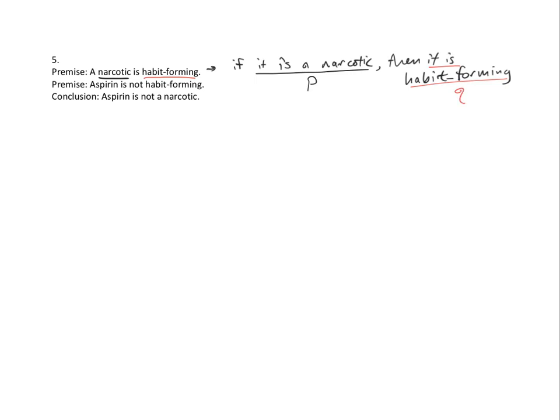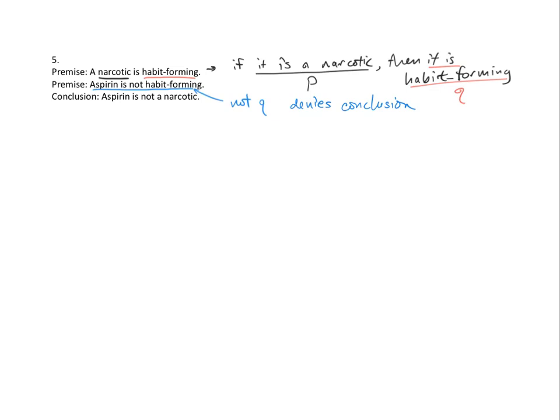So what our second premise states is that aspirin is not habit forming. And just to keep up with this, the second premise says not Q. It is not habit forming, right? Q over here is it is habit forming. Not Q is it is not habit forming. So not Q would end up being denies the conclusion.